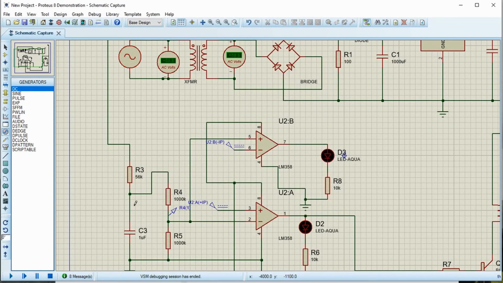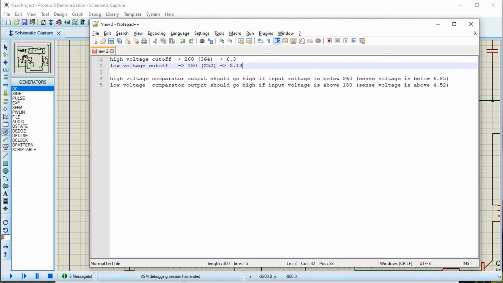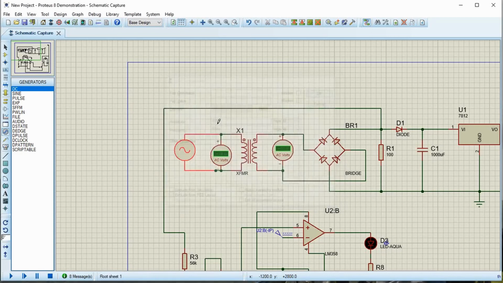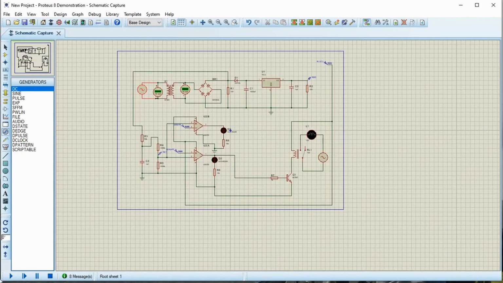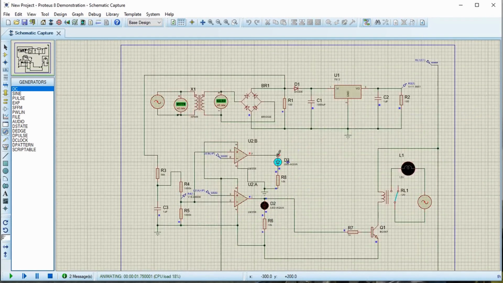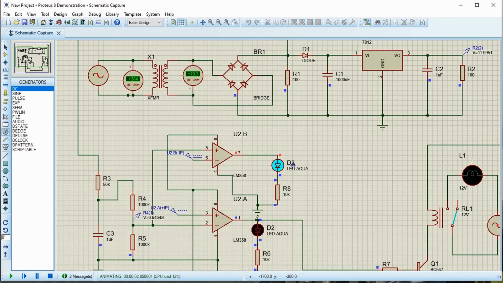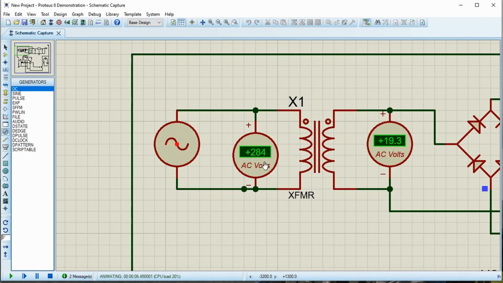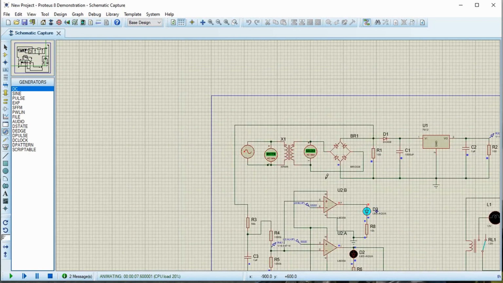That's good. Then check the higher one, put it to 400. Now the lower one is on because it's greater than 180, and the higher cutoff section has turned off because this is greater than 260 that we have set.